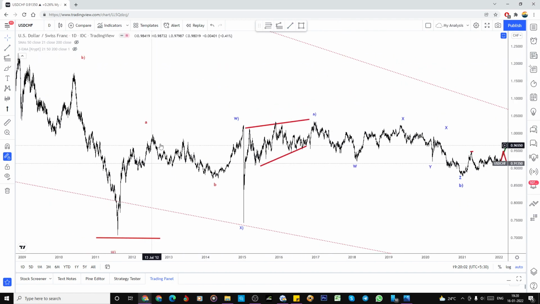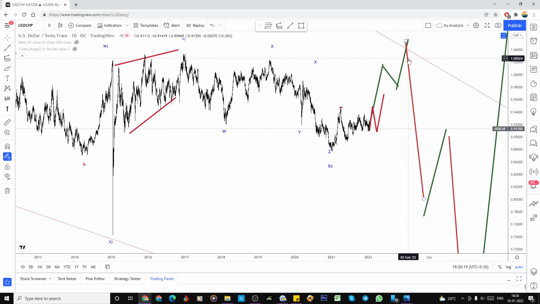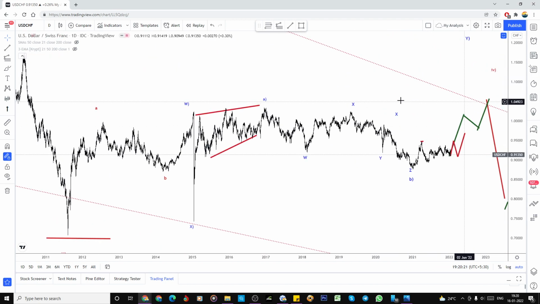Otherwise, if this is the W and it has already broken the high, so WX, I took this as an A, and we are in the B wave, and the C wave must break the previous high of this. So that is why my target is going to reach up to 1.0350 above.